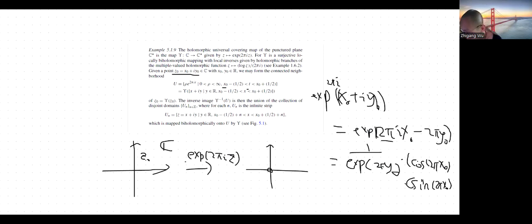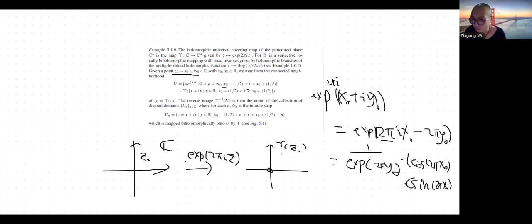When you take the exponential, this is just a point, and you map this point to the point where this x naught is being multiplied by 2 pi. Suppose that this is gamma of z naught.